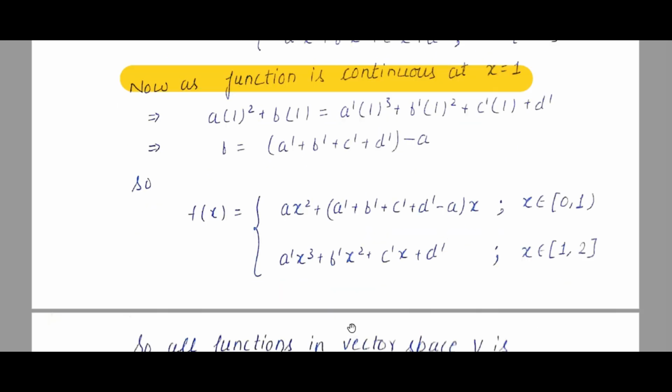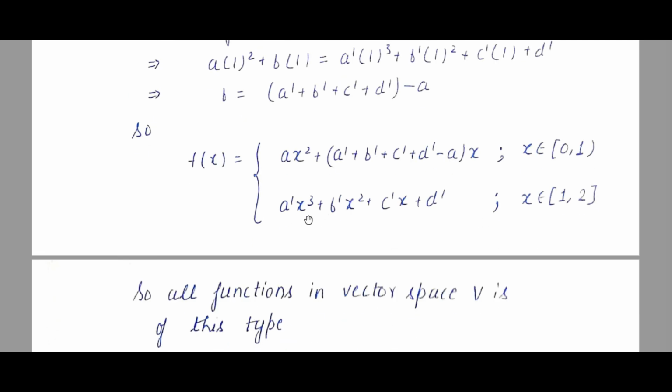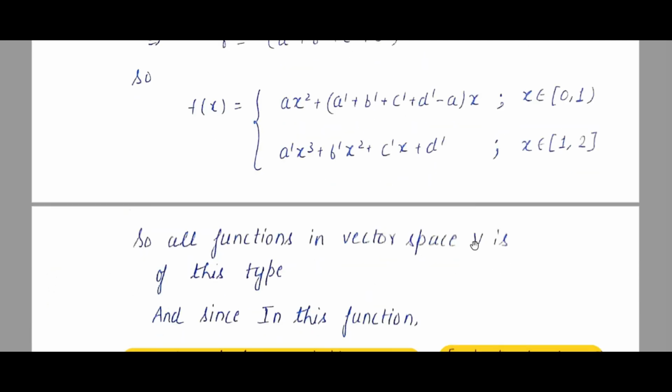So from this we have the function of this type: f(x) = ax² + (a' + b' + c' + d' − a)x when x belongs to [0, 1], and a'x³ + b'x² + c'x + d' when x belongs to [1, 2].